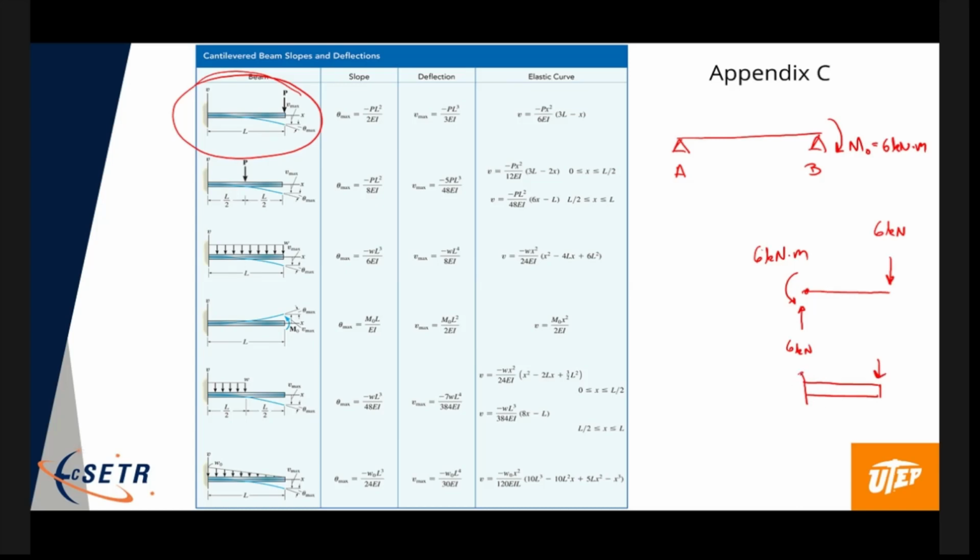If we consider this case, we have it fully built in at point B, and this is point C. So in fact, the reaction forces we get are the same from either situation. So from a loading standpoint, from point B to C is actually the same as the built-in case, with one minor exception. It's not quite built in.